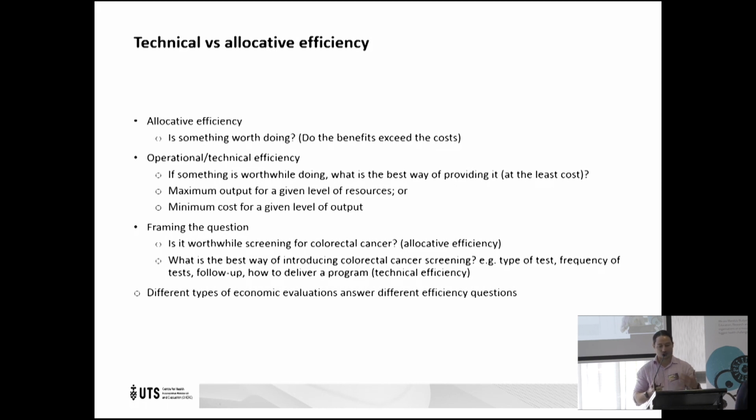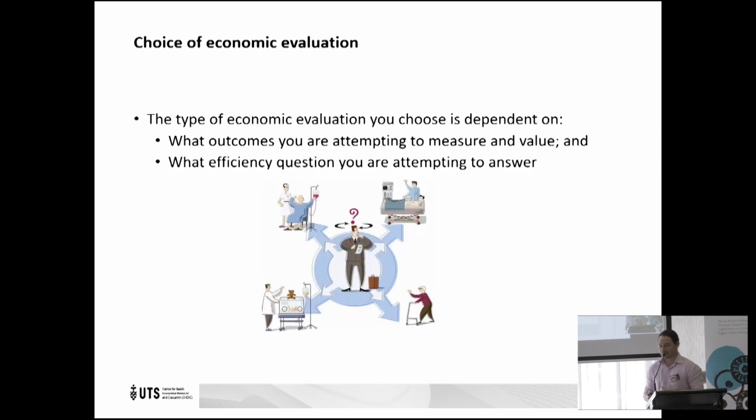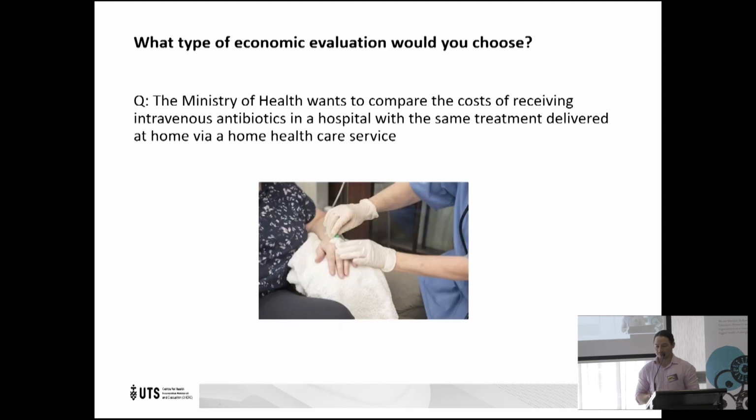So again, the different types of economic evaluation will answer different efficiency questions. So in general, the type of economic evaluation you might choose to do is really dependent on what outcomes you attempt to measure and value and what efficiency questions you're attempting to answer.